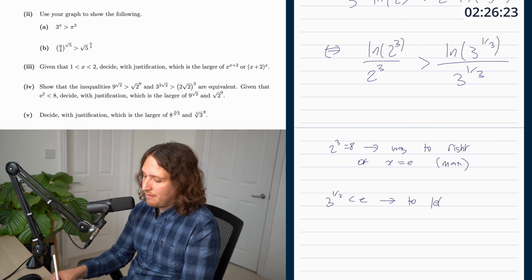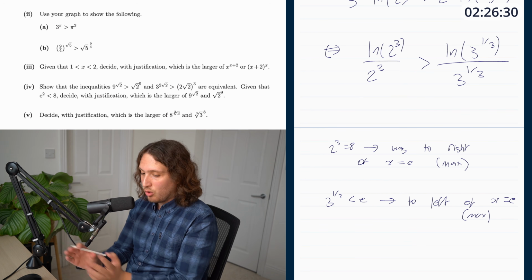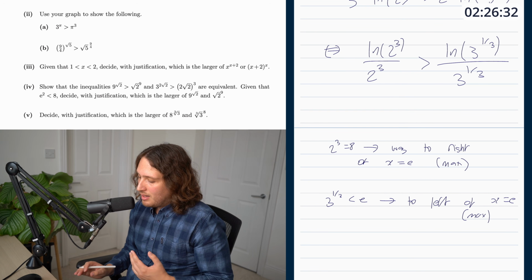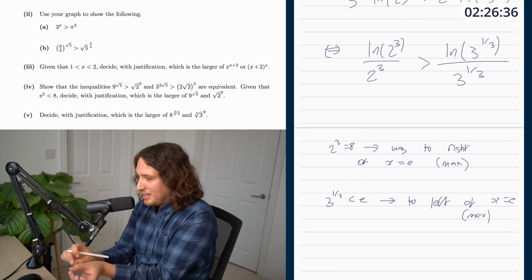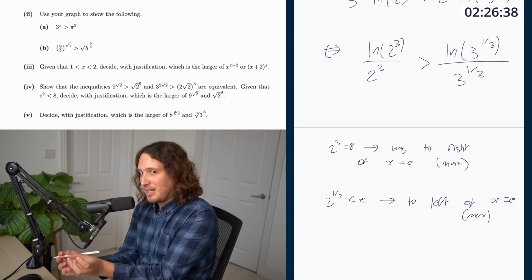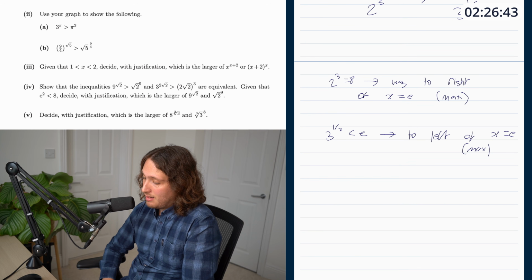So it's to the left of x equals e, which is the max. So I can no longer say, oh, well, they're both to the right, but you're more to the right or something, because it's not obvious that being a fixed amount to the left is equivalent to being a fixed amount to the right. This is a little bit difficult now to compare.